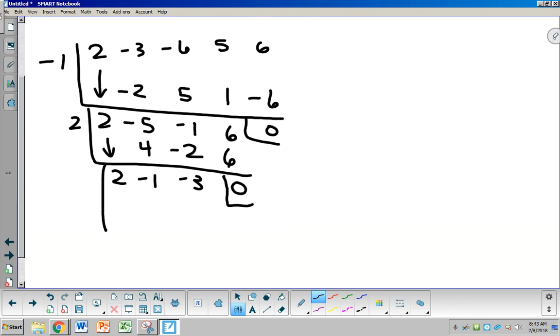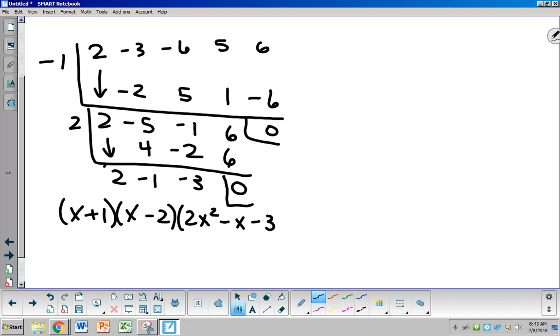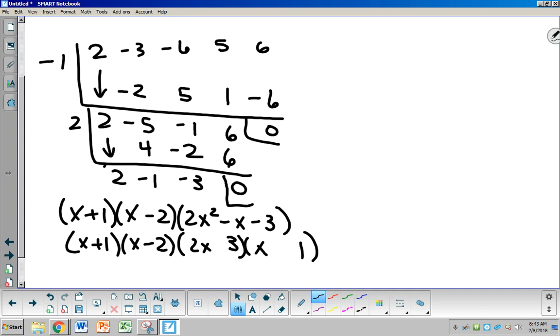So this is going to factor. So what do we get so far? We get x plus 1 times x minus 2 times 2x squared minus x minus 3. So this is going to be x plus 1, x minus 2, 2x, and x, and 3, and 1 over here, and it's a -3 and a plus.